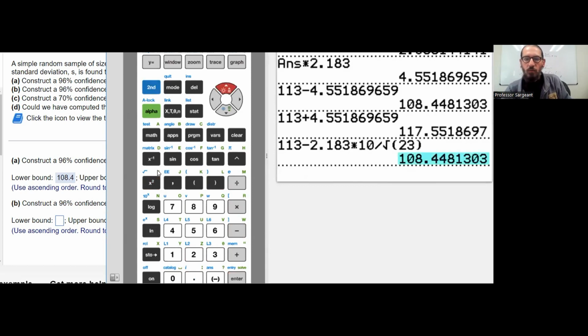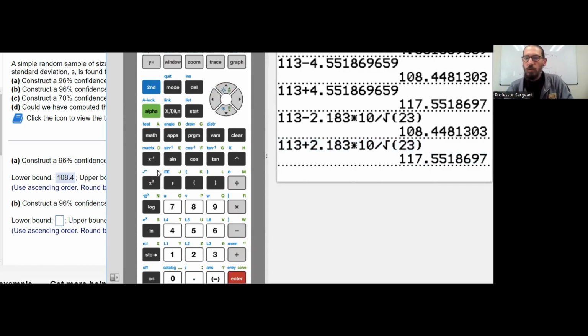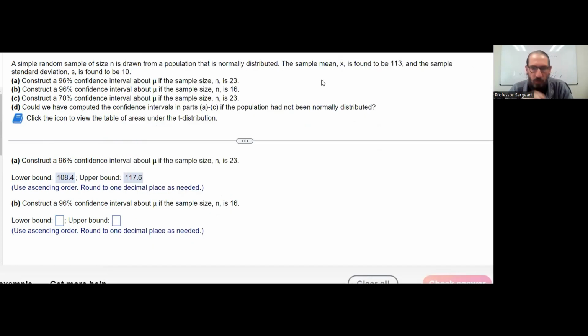Same result for the lower bound on part A, and the same result for the upper bound in part A. So all I need to do is change that 23 to a 16. Oh, no, something else will change as well. X bar is not changed. S has not changed. I changed the sample size, but the degrees of freedom has changed. It's one less than the sample size, so 15.